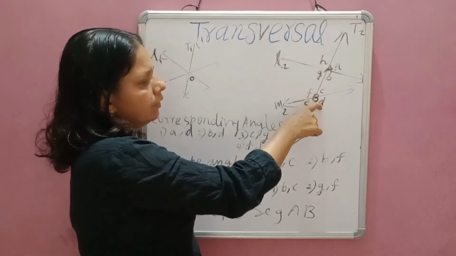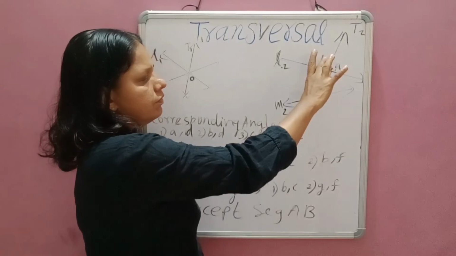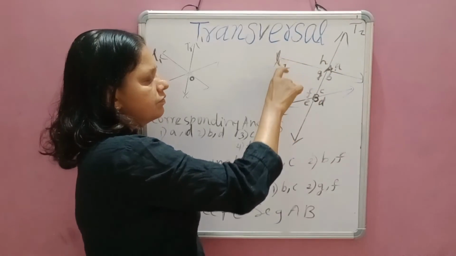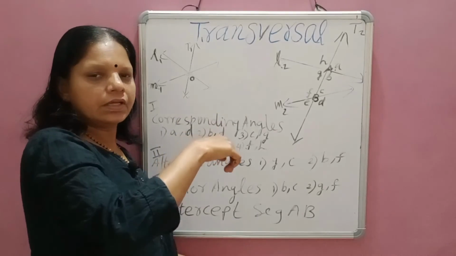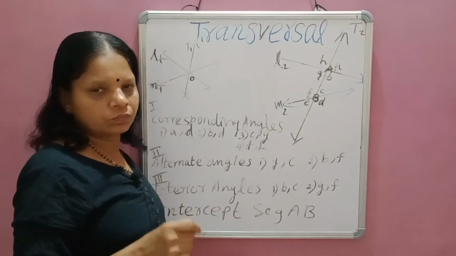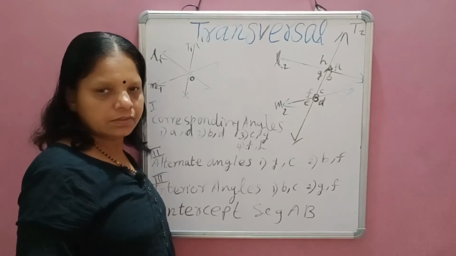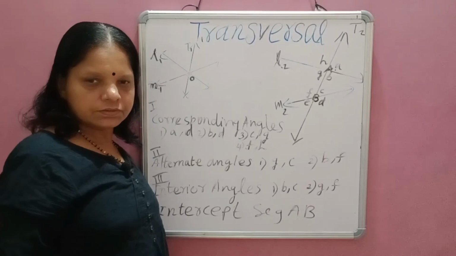Segment AB is the part of the transversal line between the lines L2 and M2. That is the intercept on the transversal by the two lines. Clear?